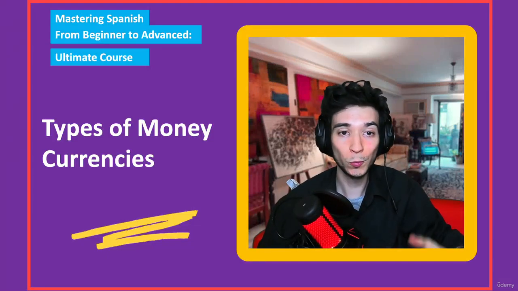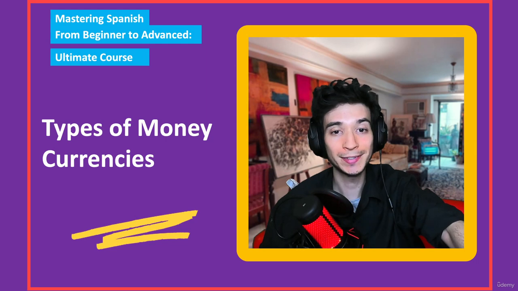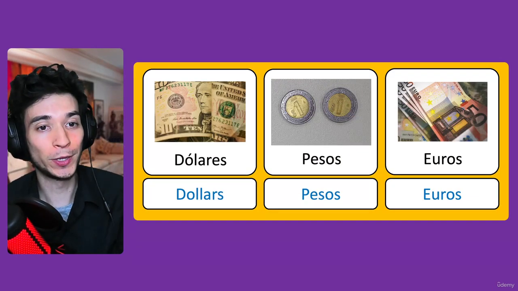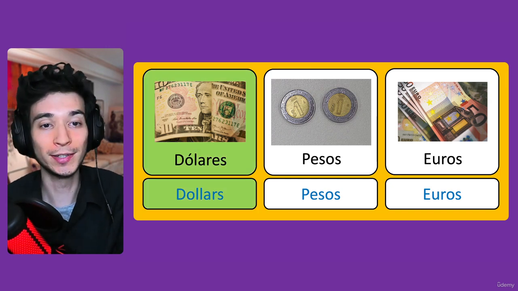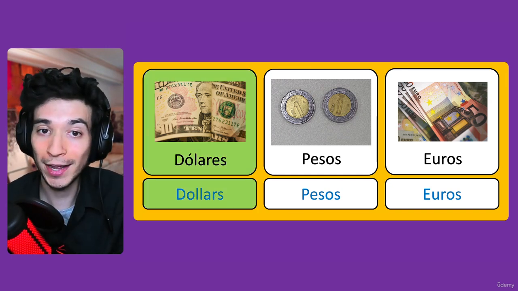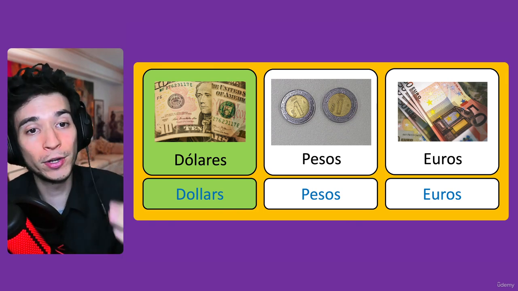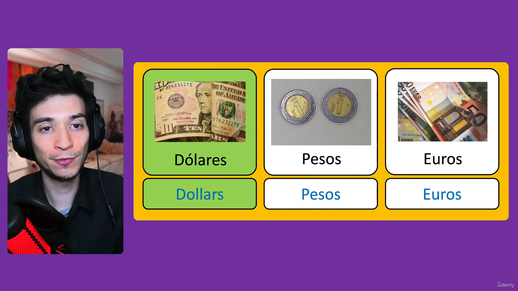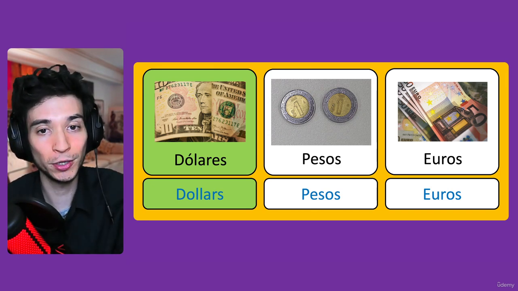Okay, so now we'll learn about different types of money currencies. Let's try it out. The first one we have is dólares, which is dollars. Whenever you refer to dollars, by default it tends to go to the United States, American dollars.